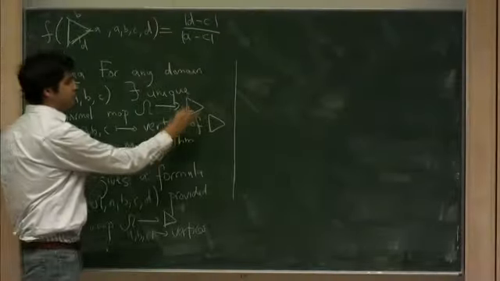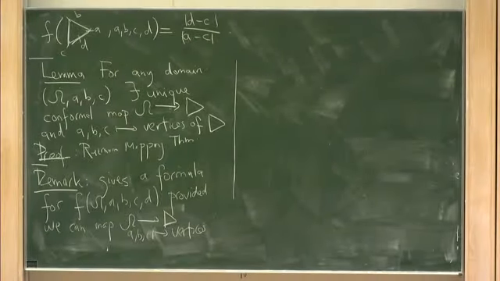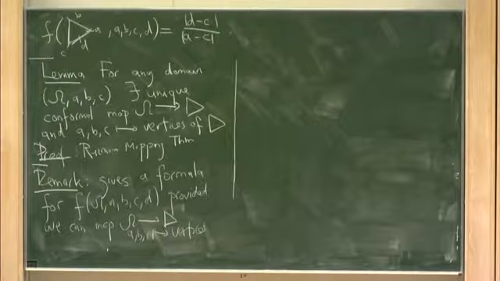D will get mapped somewhere. You don't have the choice as to where, and you'll be able to compute this function by computing it on the triangle as explained here. Is it clear?